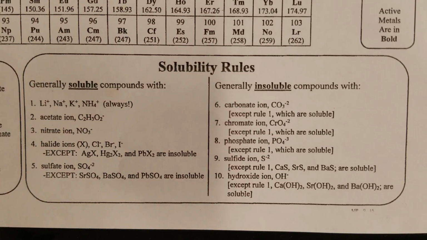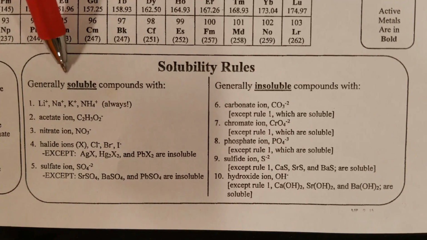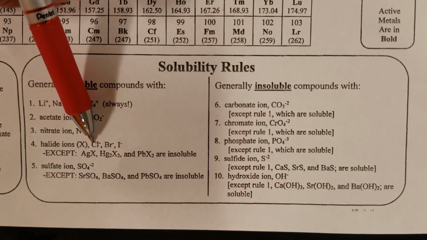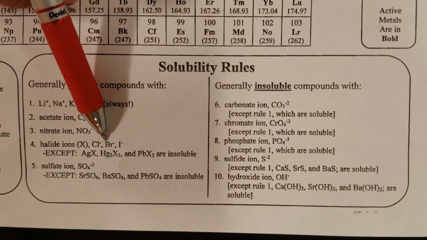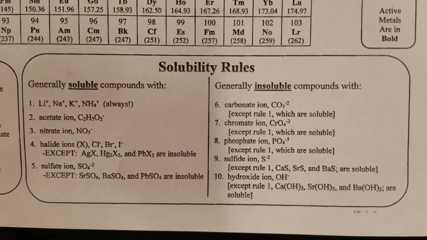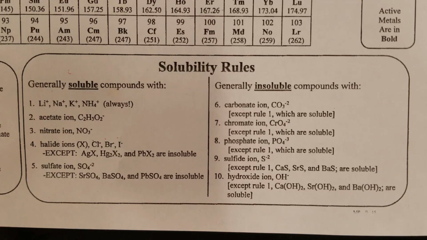So, how did I know that the calcium chloride should be aqueous? Well, generally soluble compounds. Anything that has chloride, bromide, or iodide will probably dissolve in water. So the calcium chloride was aqueous.